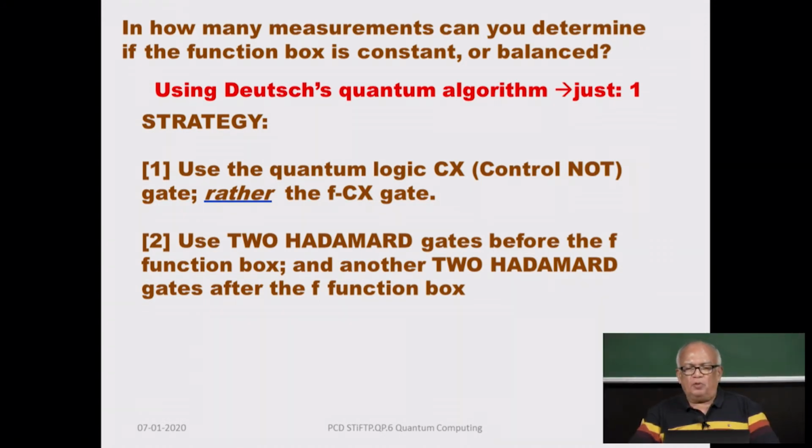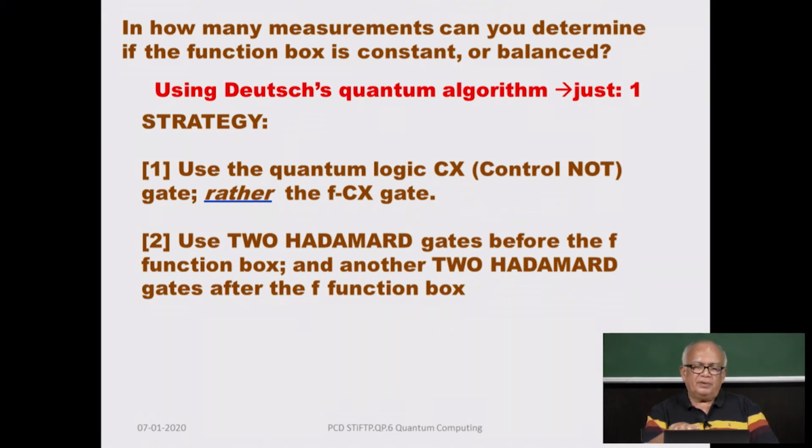So, the strategy is the following: use a quantum logic control NOT gate. Okay, we know what a control NOT gate is, but rather not just the control NOT that we talked about, but the function control NOT. So, it should also include the features of this function box. We do not know what that function is, but we know that there is a certain function, whatever it is, that is the unknown, that is something that you want to determine, right.